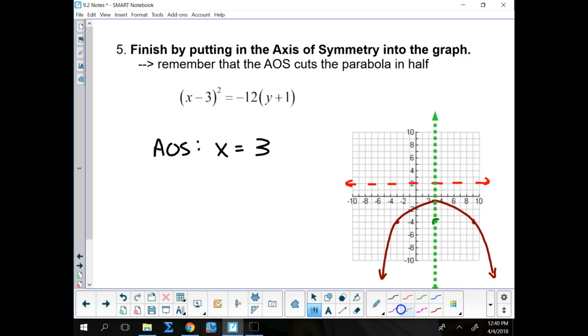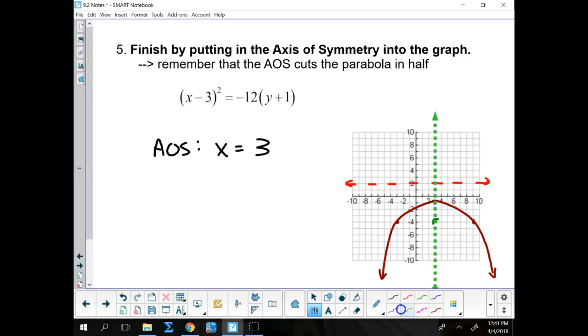Tomorrow I'm going to give you a worksheet. On that worksheet, it's hard for you guys to see this if you're listening online, but it's going to have 9 graphing type problems.